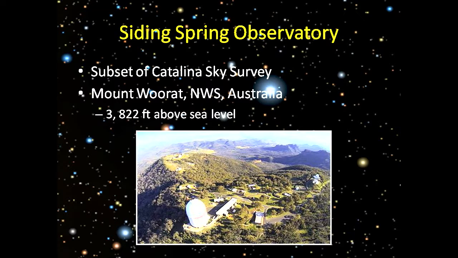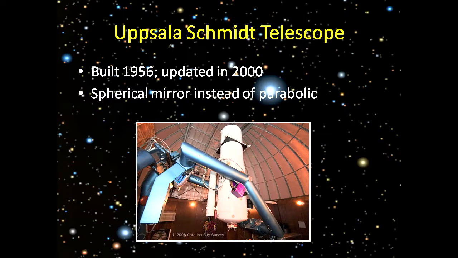So here we have an image of the Siding Spring Observatory. This is the Polish Schmidt telescope with the dome closed. That's responsible for all of the measurements taken. An interesting fact about this telescope is that it was actually the first to have captured an image of Sputnik in 1957.